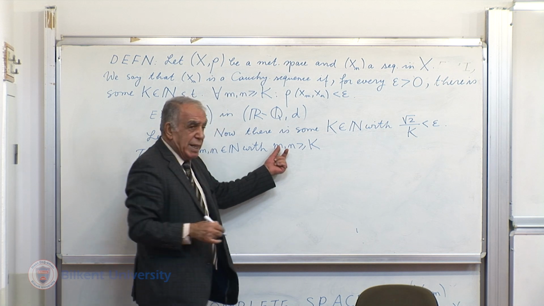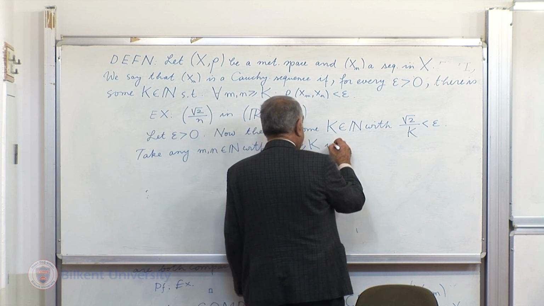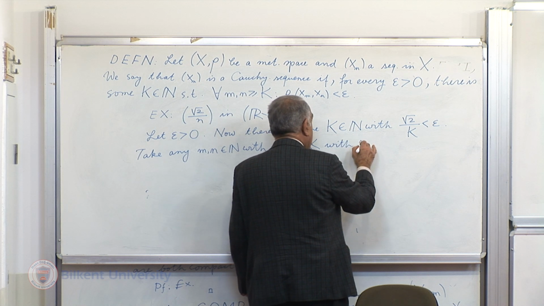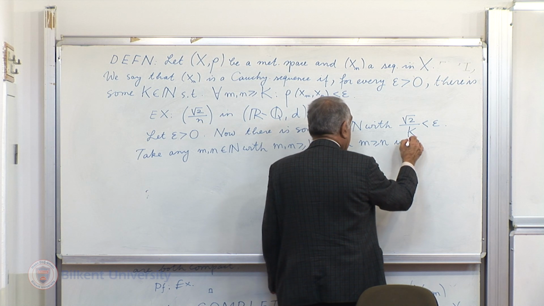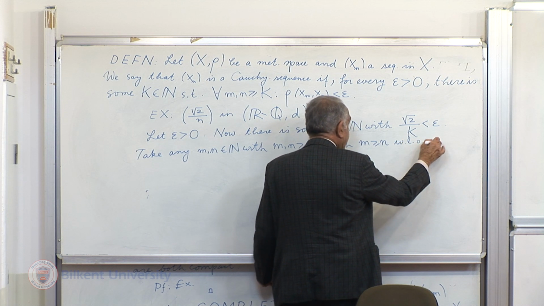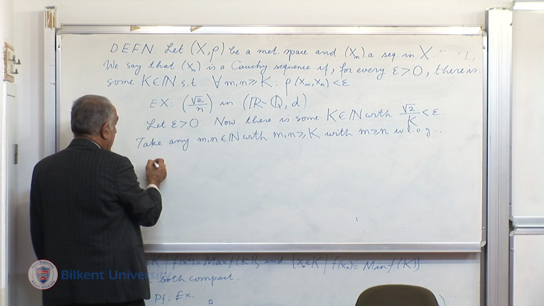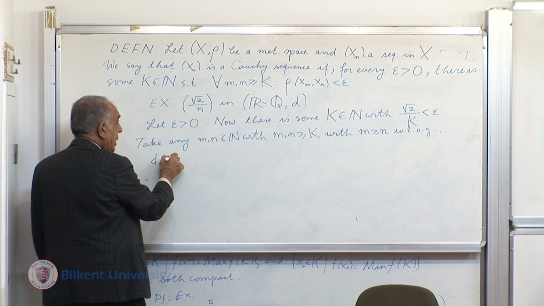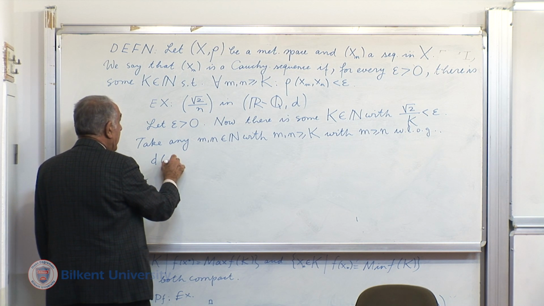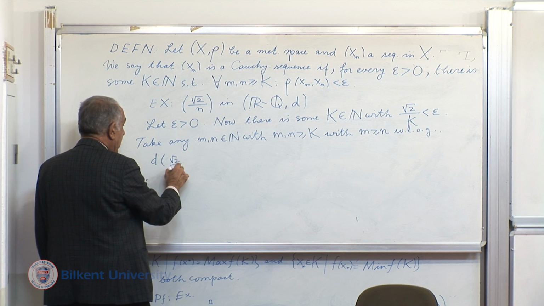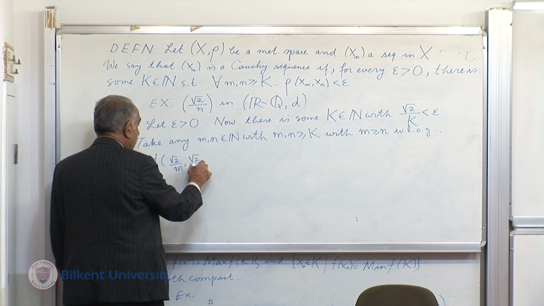Well, one will be larger than the other, say m larger than or equal to n without loss of generality. Now, d is here our metric, d of square root of 2 over m and square root of 2 over n.